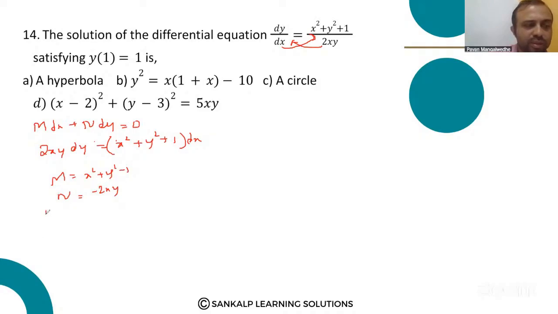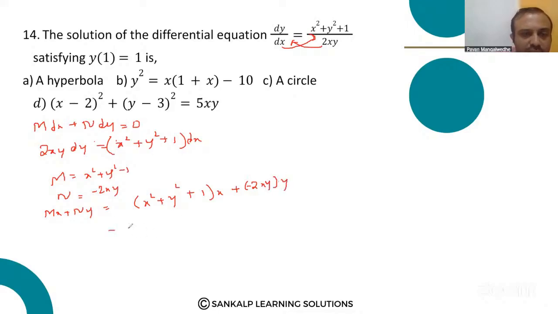Okay. So Mx plus Ny, in the sense what it is? Mx plus Ny. Writing this in the integrating factor form. Mx plus Ny. That is x square plus xy, sorry, given equation you need to write x square plus y square plus 1 into x minus, sorry, plus 2x minus 2xy into y.